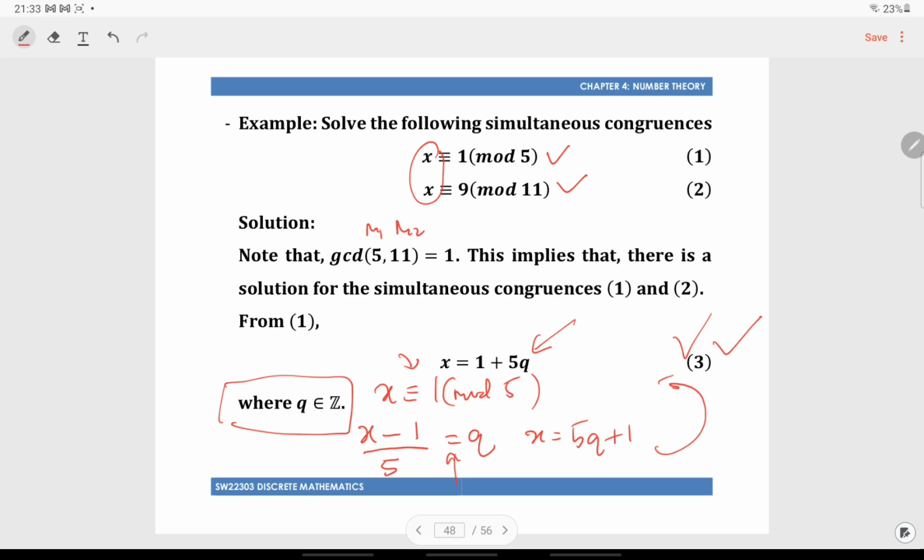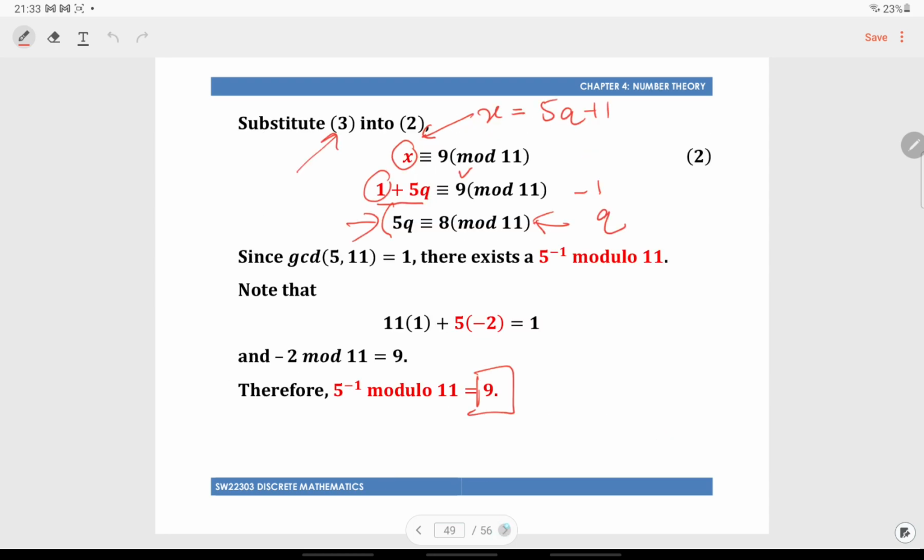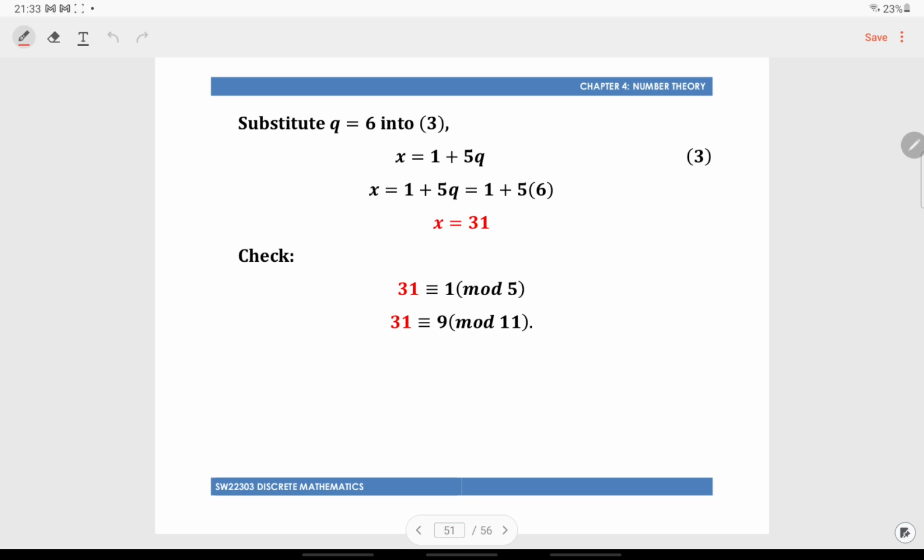Previously q was unknown, but once we have the value of q, we can substitute it to obtain the value of x. Substituting q equal to 6, we obtain x equal to 31. If we verify by substituting x into both congruences, with x equal to 31, these two congruences are true.